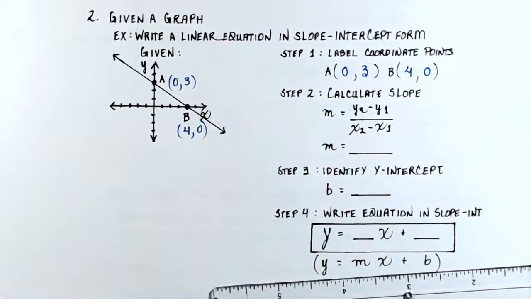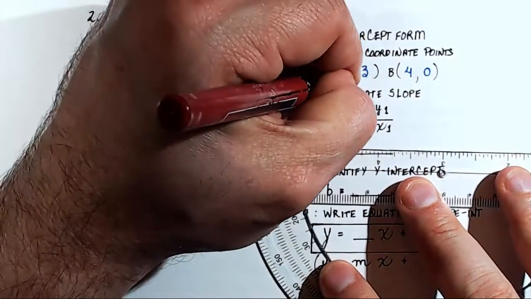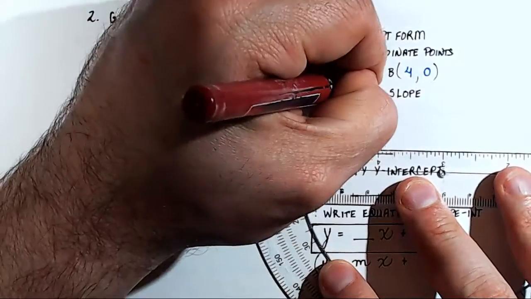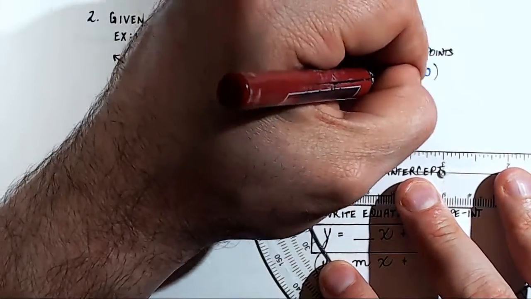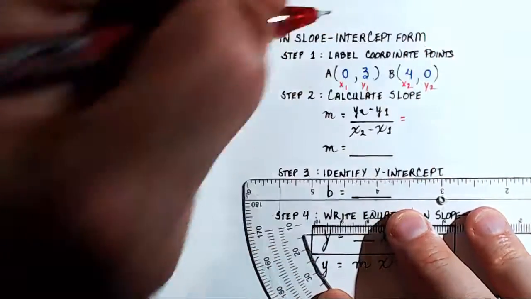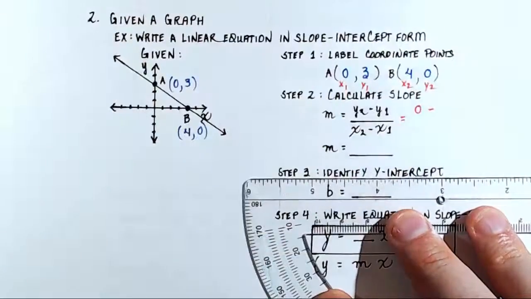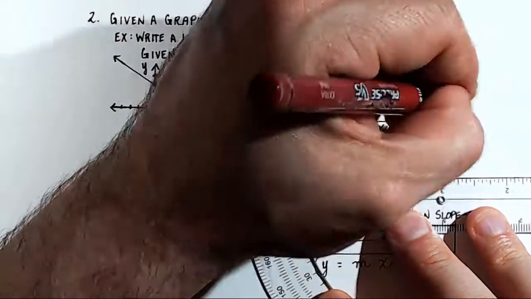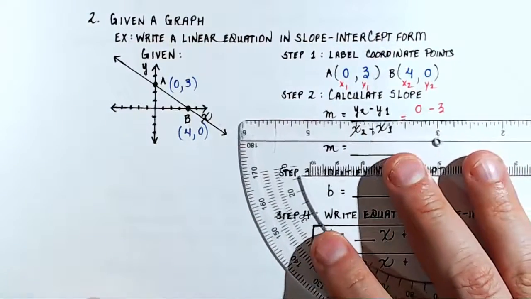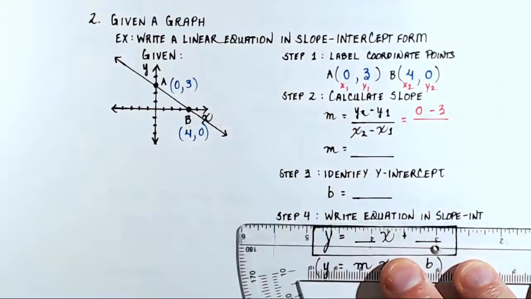Now we'll calculate slope, and we've got the slope formula written here. Let's label our points x1, y1, x2, y2. So to calculate slope, we'll just plug it into this formula. y2 minus y1, that will be 0 minus 3, over x2 minus x1, 4 minus 0.